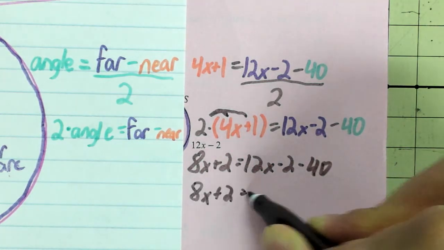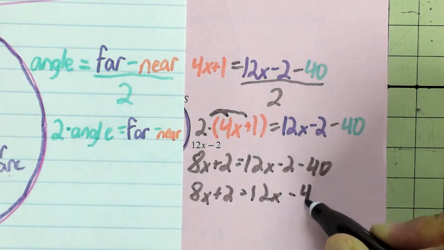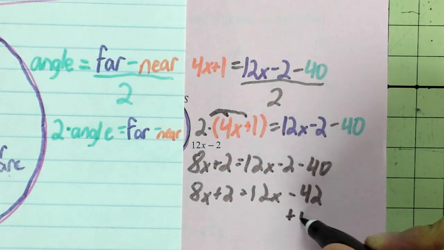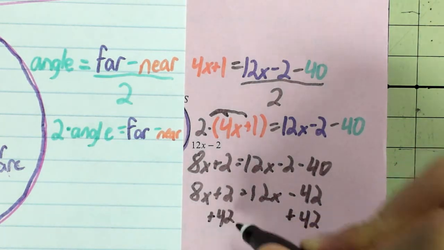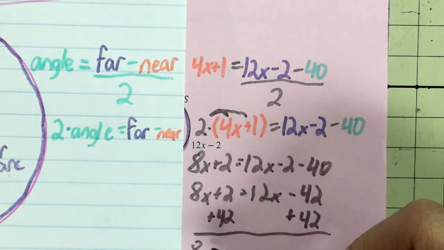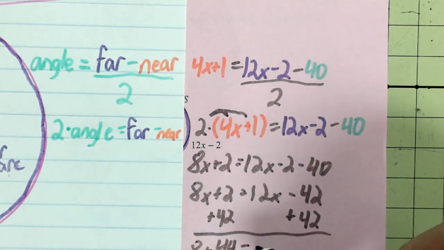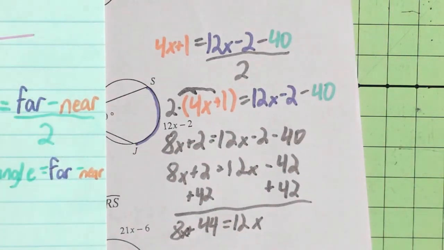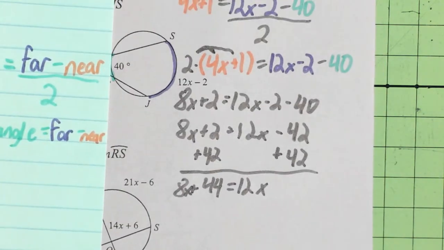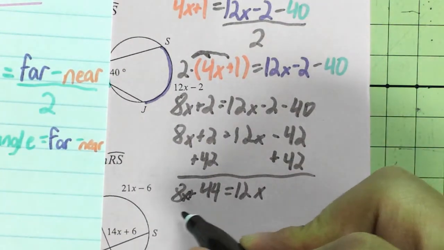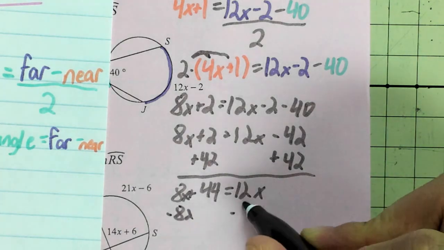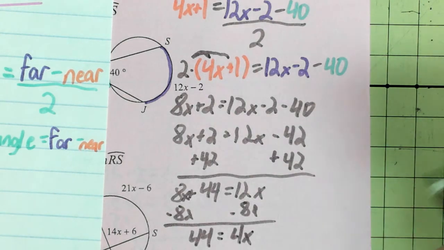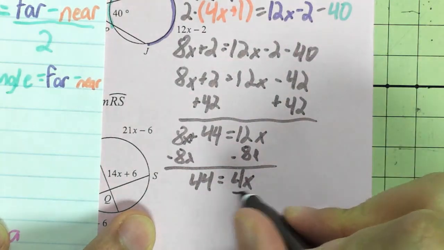Combine like terms. I want to go ahead and move the 42 over. That way I don't have a negative sign right there. And then we subtract 8x and moving the 8x to the right. And last step, divide by 4.